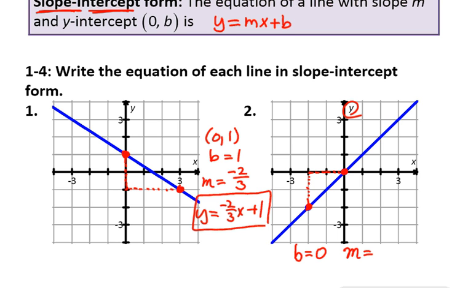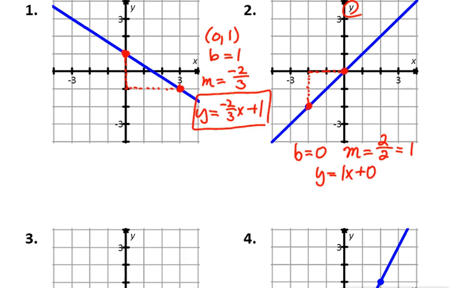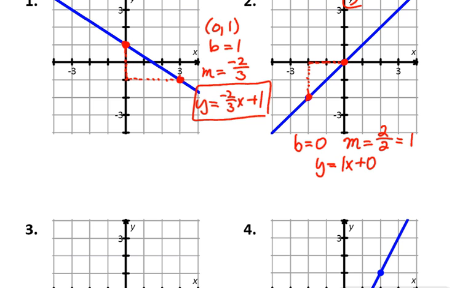So m is equal to 2 over 2, which simplifies to 1. So m is 1. So in y equals mx plus b form, I have y is equal to 1x plus 0. Except we don't ever leave our equation looking like that. We want to rewrite that as y is equal to x.